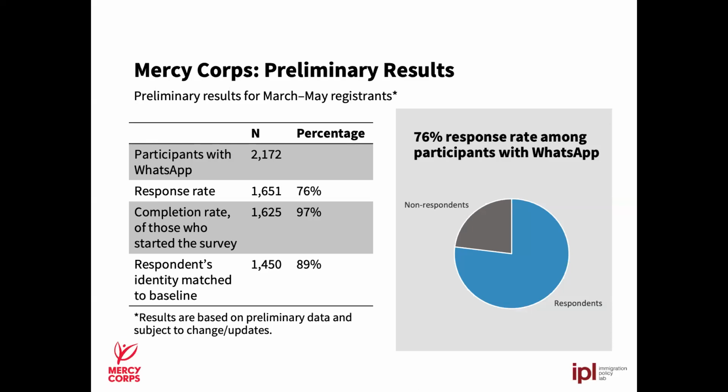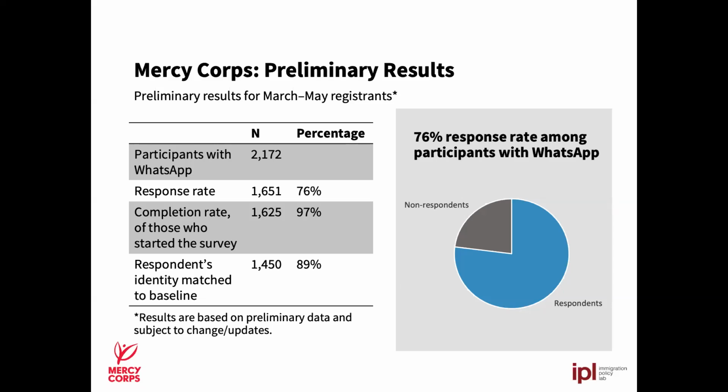Of the 2,600 or so individuals in our sample, about 2,200 actually had a WhatsApp phone number or profile, so we were able to send a message to them. Of those individuals, about 76% responded to at least one message.